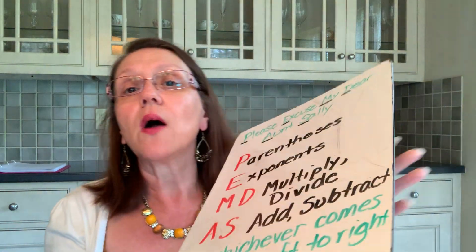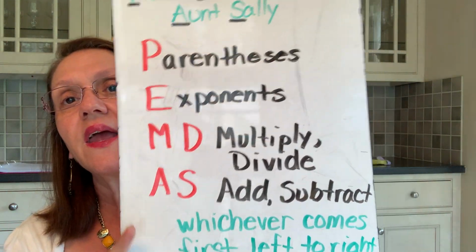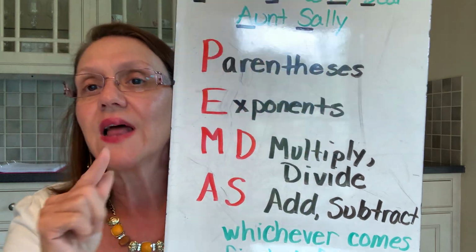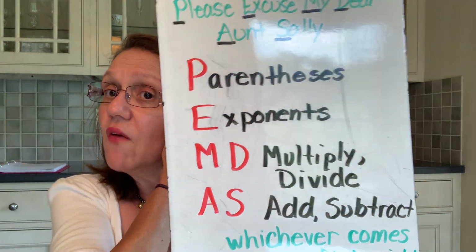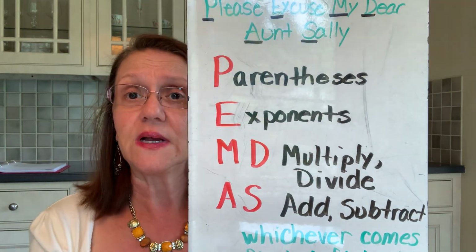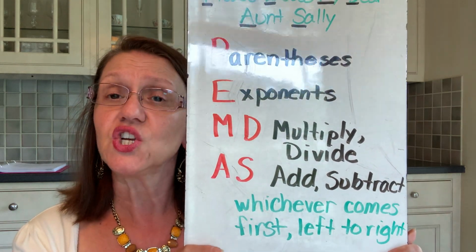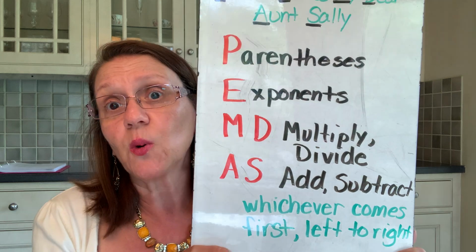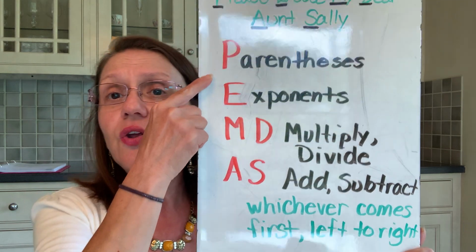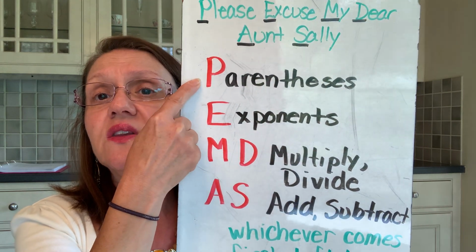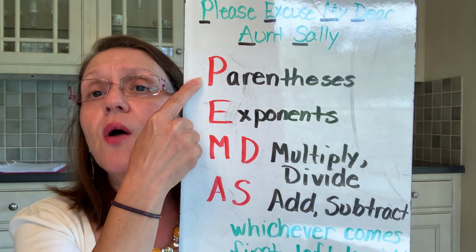What? Now, there's lots of different ways to remember this, but let me explain to you first what it is. It is the order of operations. And PEMDAS is the first letter in each of the words that you do your order of operations. So when you have a question that is an order of operations question, that is, it has many operations in it, you first do the operations that are in parentheses.